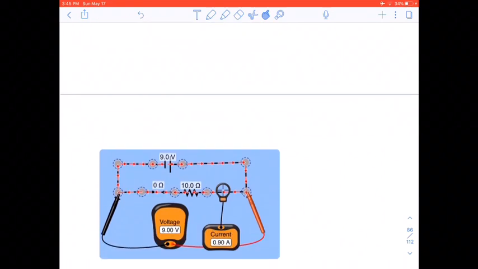Now, if we look at this here, here we have a 9-volt battery, and when we started off we had only a 10 ohm resistor, and the circuit current was 0.9 amps.